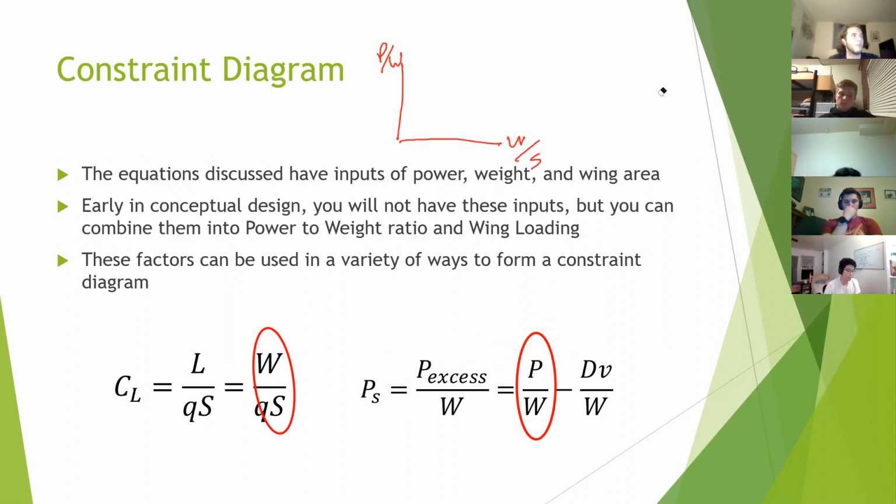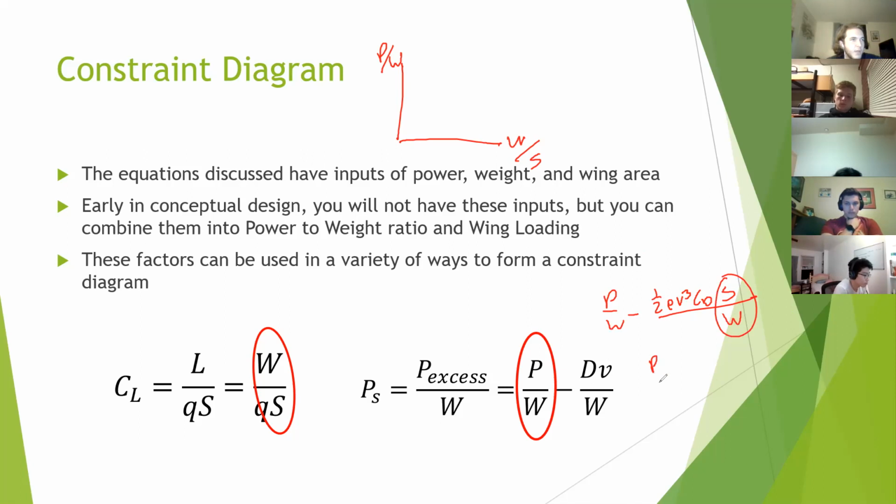If we actually work through this, what we'll see is we've got our power to weight ratio minus 1/2 rho V cubed CD times S all over W. I'm going to move this to the bottom.